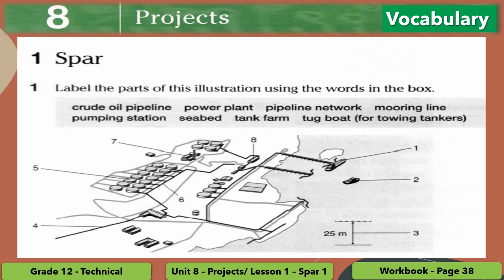The first one, crude oil pipeline. Then power plant. Number 3, pipeline network. Number 4, mooring line. Number 5, pumping station. Number 6, seabed. Number 7, tank farm.